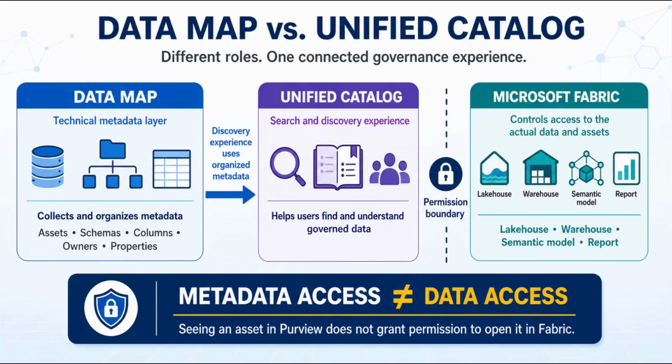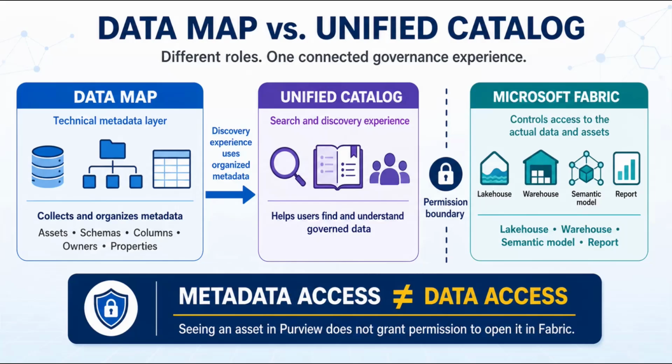And once we start working with the Unified Catalog and even the data map, it'll become more obvious through the demos that we run through how this actually all works together. And in the Masterclass for the Unified Catalog, we'll actually see it from the end user experience, going to the catalog, browsing or searching for products and assets or terms, synonyms, those kinds of things to find the data and request access to that data.